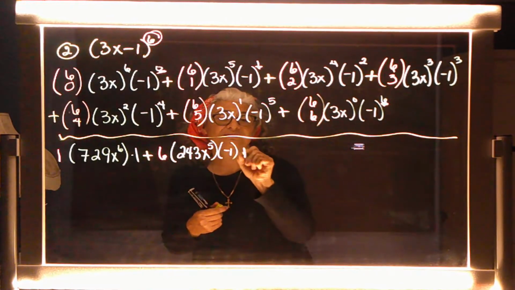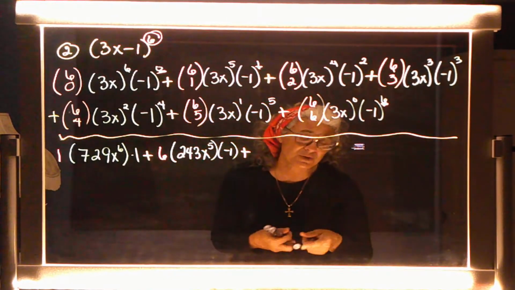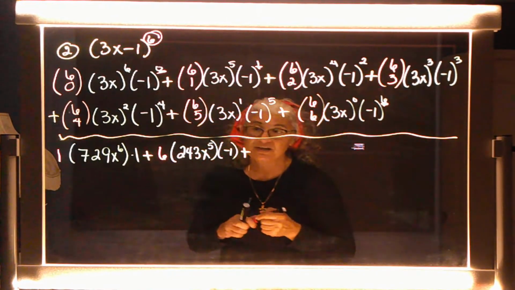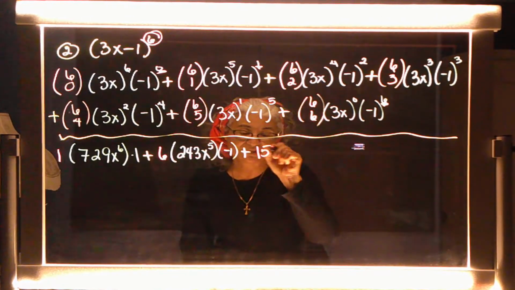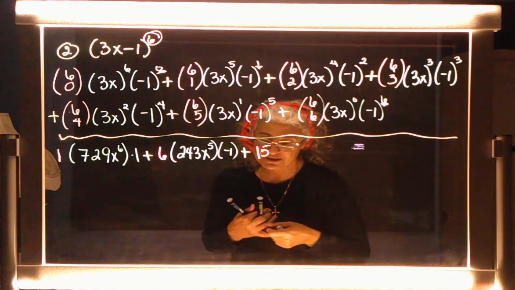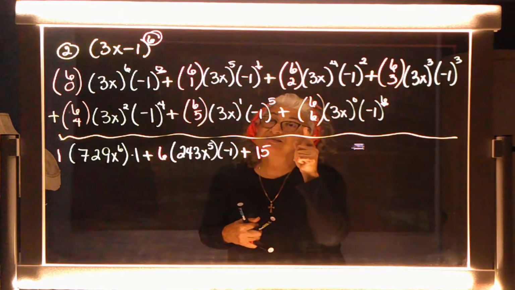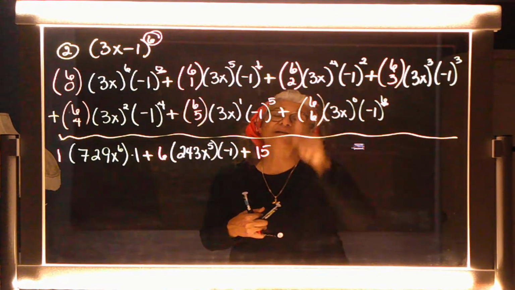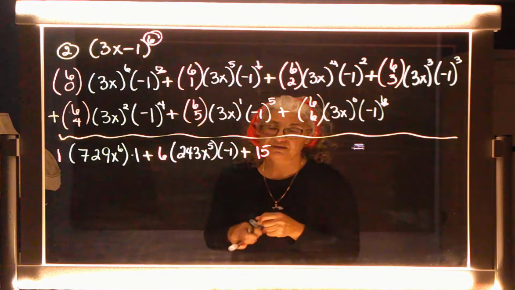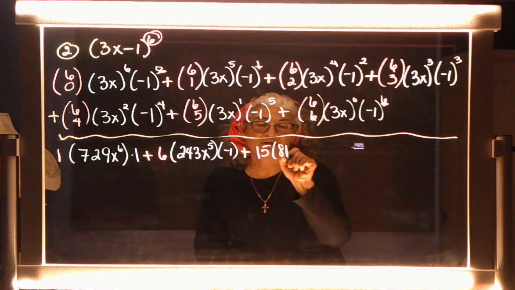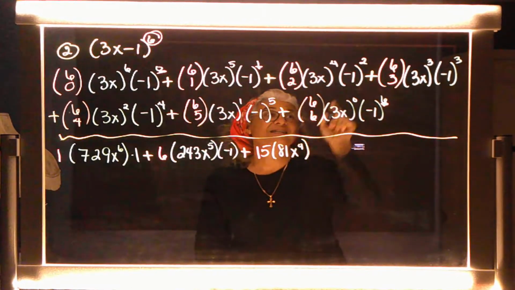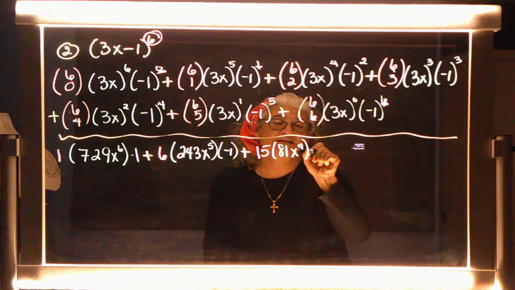Okay, 6 choose 2, what did we get? Yeah, we got 15, didn't we, on 6 choose 2, correct? And 3x to the 4th, the whole thing. Good. 81, x to the 4th, negative 1 squared is 1.